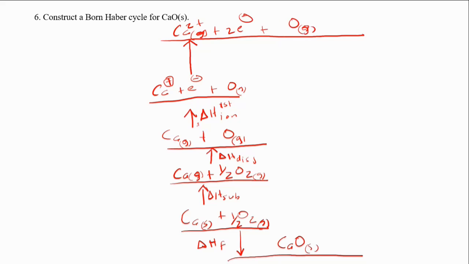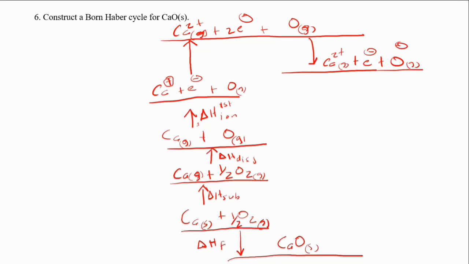Okay, now we want to do electron affinity. We want to do electron affinity of oxygen. Now the first one is like this. Okay, what we have is calcium 2 plus, gas of course, plus 1 electron remaining plus O minus gas.